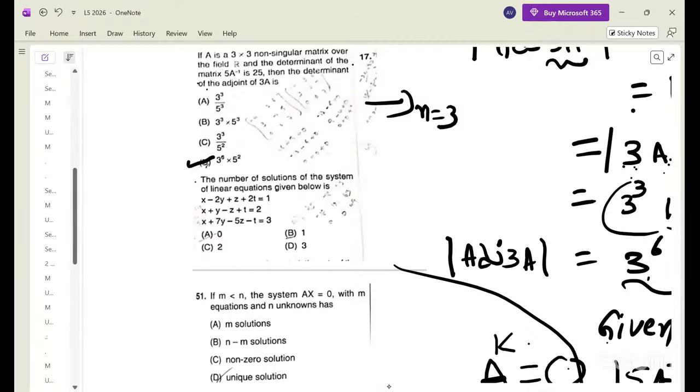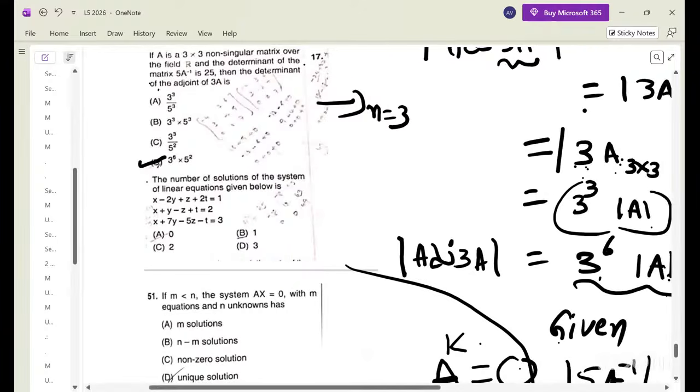3 power 6 into 5 square. Okay, so which option is correct? D option is correct. If you make a mistake anywhere, you will get one of these other answers. So A is 3 by 3 non-singular, det of 5A inverse is 25, and we need the determinant of adjoint 3A.